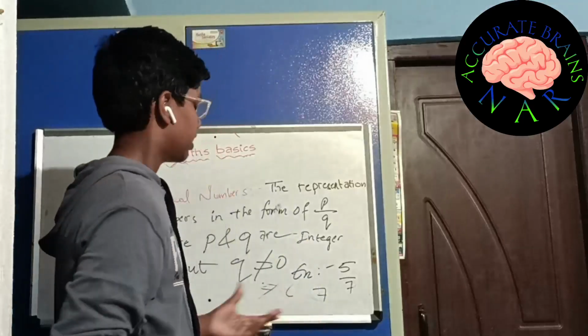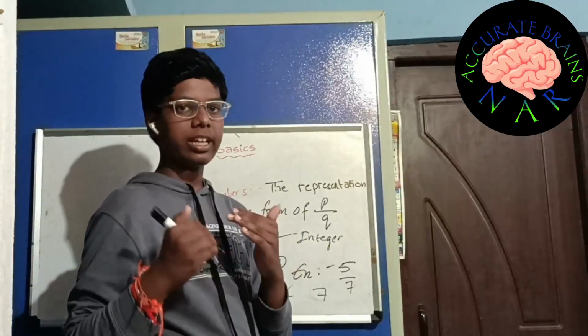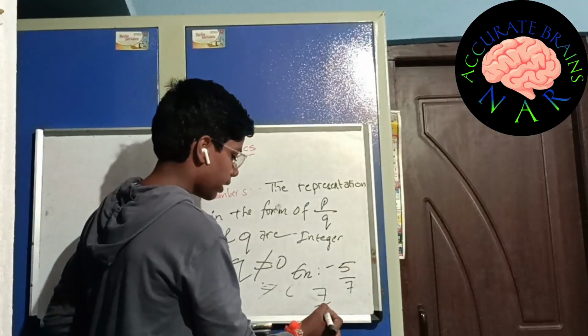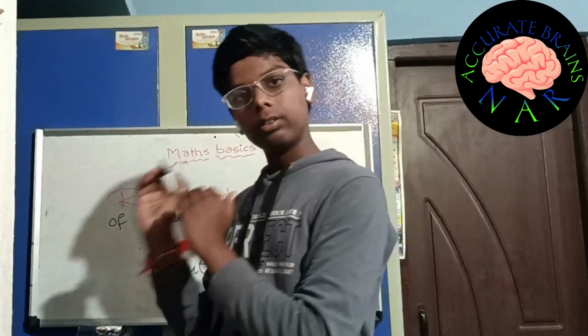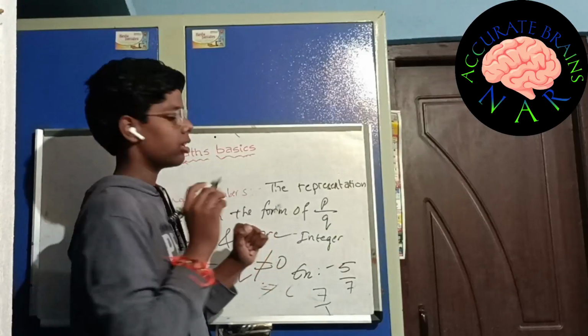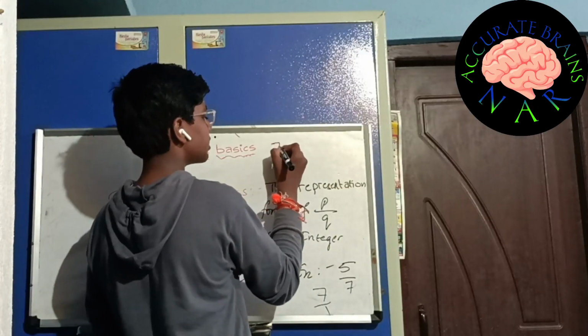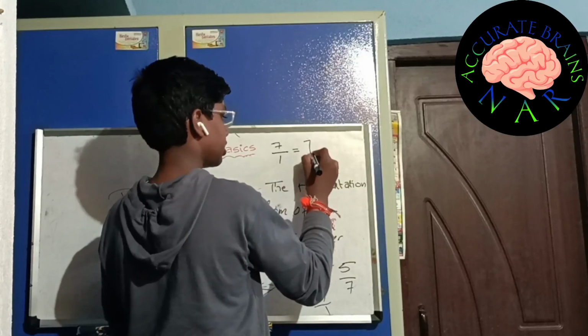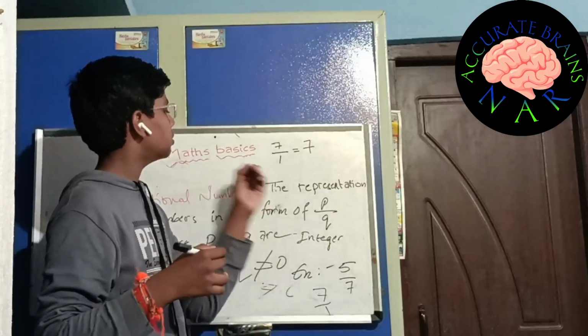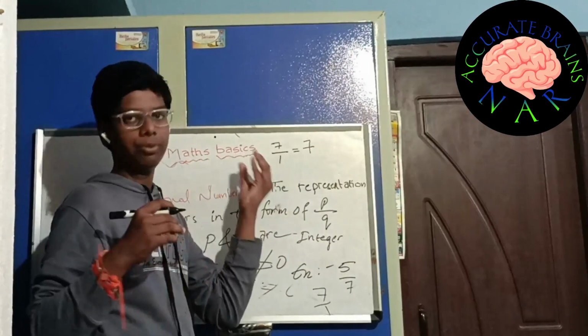Can you believe it? 7 can be written as 7 by 1. Any number divided by 1 is equal to that number, so 7 by 1 is nothing but 7 only.